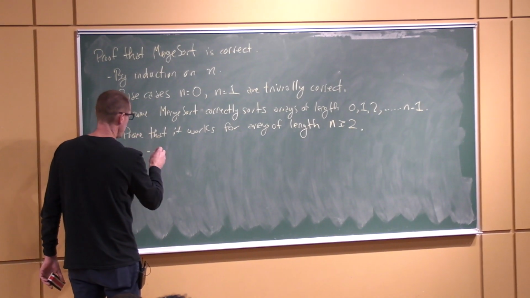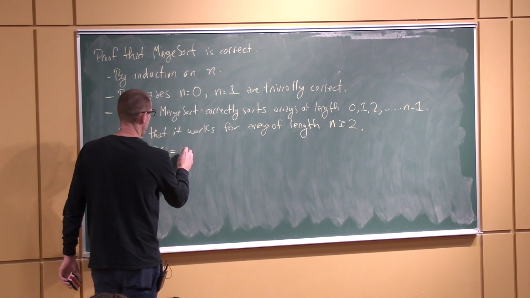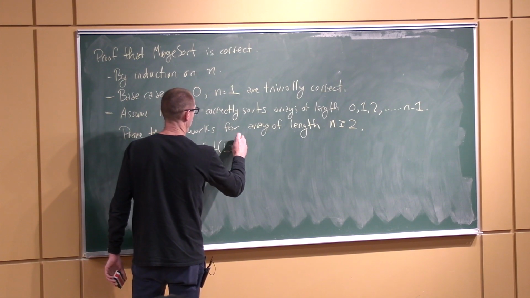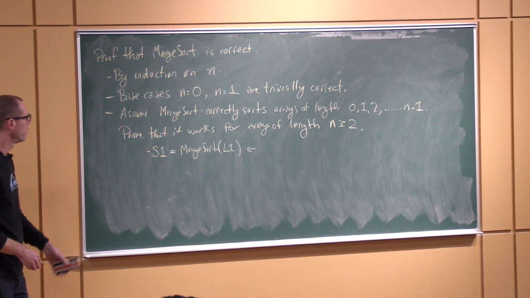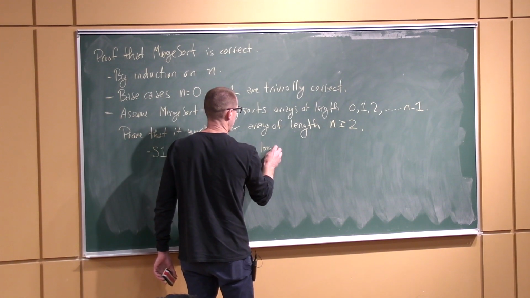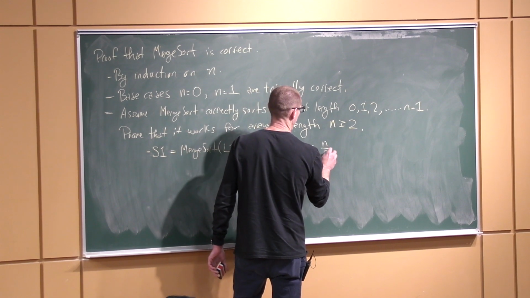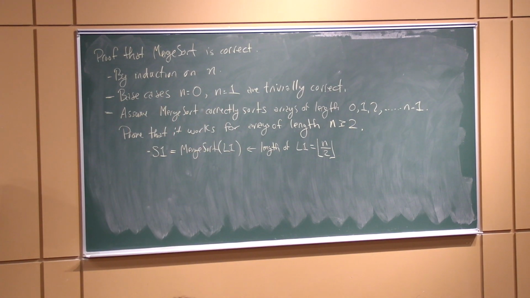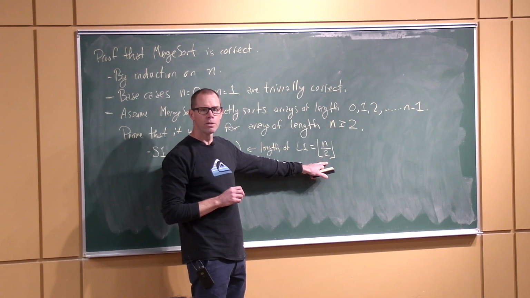So the only thing to look out for is that we have something like S1 is equal to the MergeSort of L1. And what's important here is the length of L1. The length of L1 is equal to n divided by 2 floor. And the only thing we should check, that we need to verify, is that the floor of n divided by 2 is smaller than n.